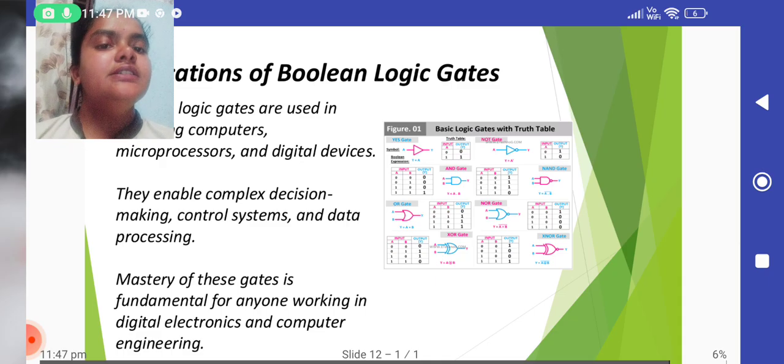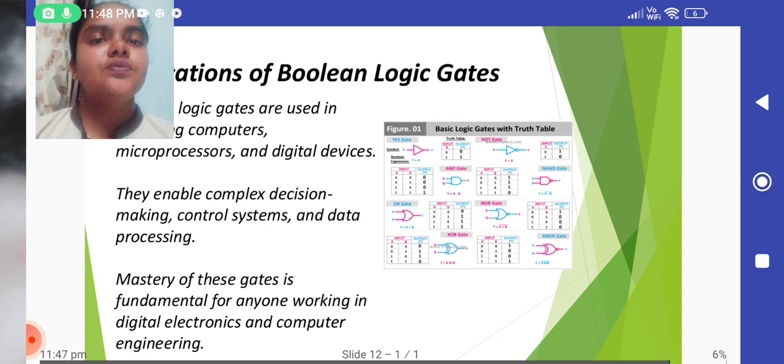These gates are fundamental for anyone working in digital, electronic and computer engineering.